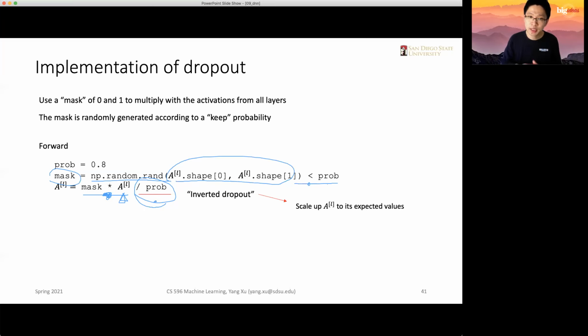But to make sure the grand total of the outputs stays at almost the same level, we need to scale up the activations a little bit, inversely proportional to the keep probability. We call this inverted dropout, so that the grand total is increased a little bit.